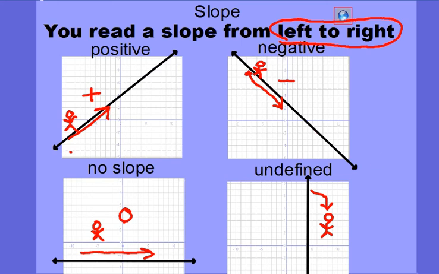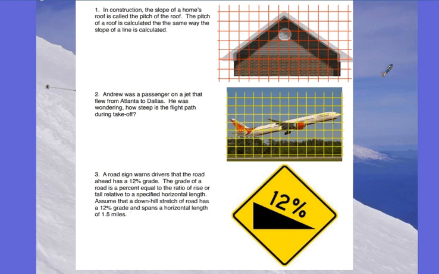Now, I want you to go ahead and pause it right here and try to identify in each one of these real world examples the different types of slopes: positive, negative, undefined, and 0.